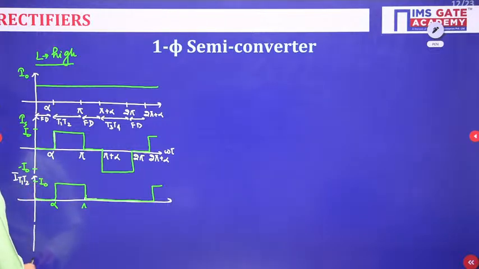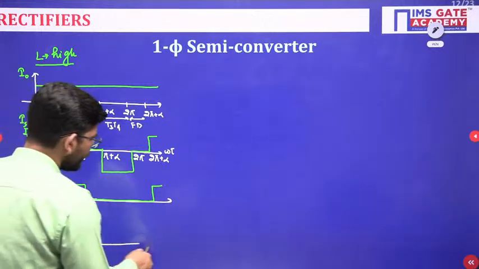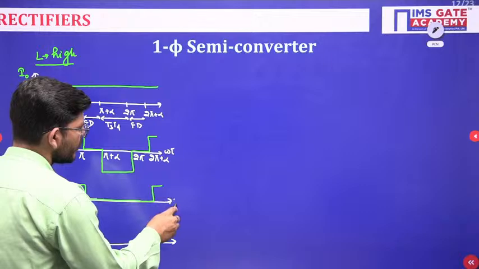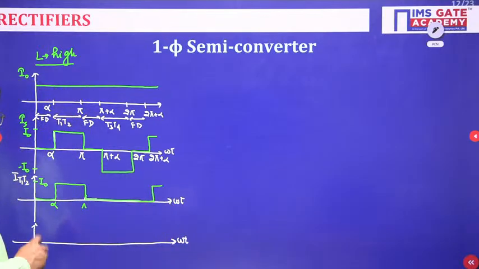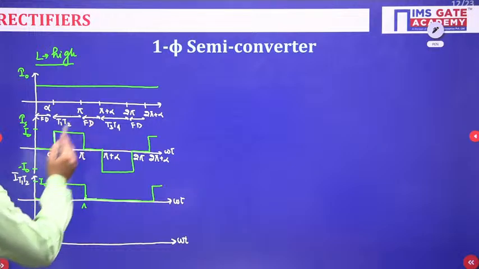Then if I plot the freewheeling diode current, you can see the freewheeling diode is conducting for every pi to pi plus alpha.